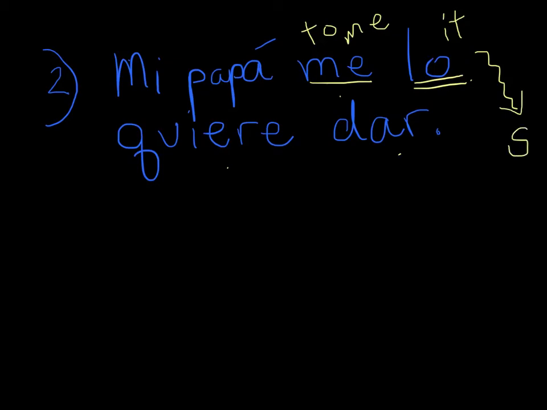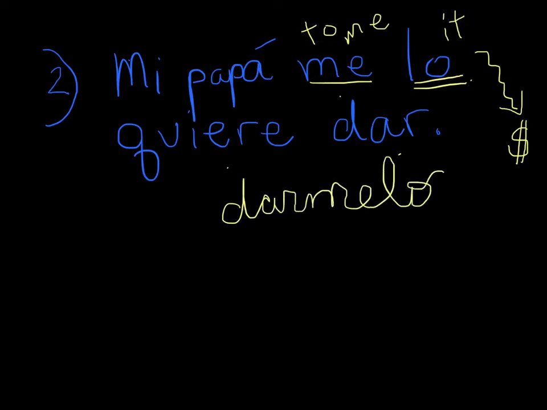Maybe it was money, el dinero, but you can't really tell. Okay, let's look at one more that would have a command, because this, of course, could have been written as mi papá quiere dármelo. That's always the option when you have a verb phrase, that you could attach those two pronouns and end up with, quiere dármelo, and that would be your verb phrase.